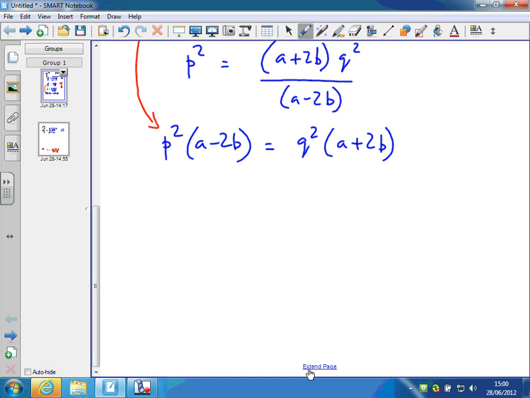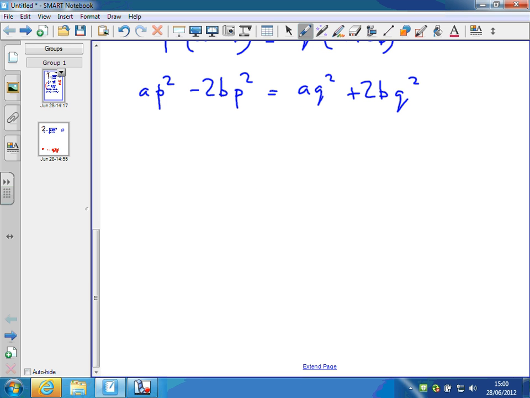So now multiply out the brackets and collect terms involving B, which is where I have to isolate. So multiplying out, P squared times A, or AP squared, minus 2B P squared equals AQ squared plus 2B Q squared, using the convention of numbers first and then letters in alphabetical order. So remember, I'm trying to isolate B, so I'm going to get all terms involving B on the same side.